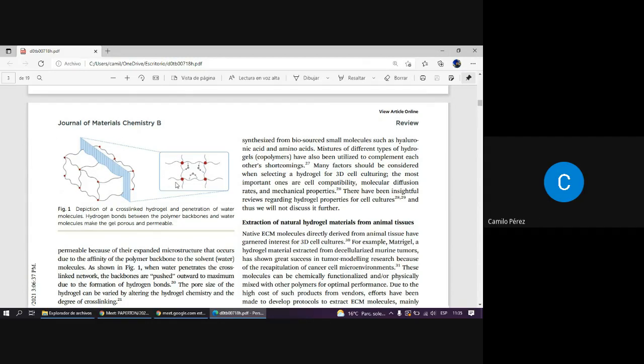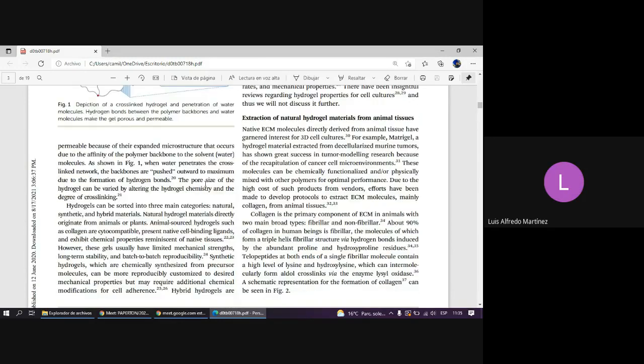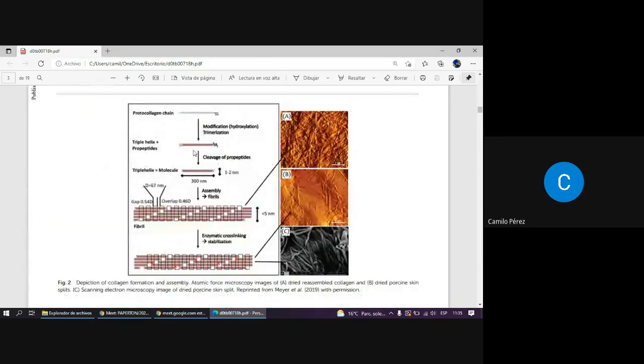In figure two, it describes a different strategy for making different molecules and reactions with cells.